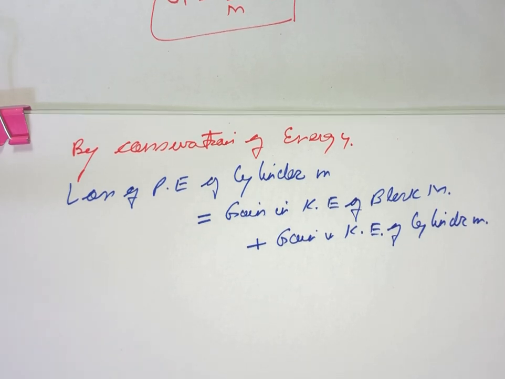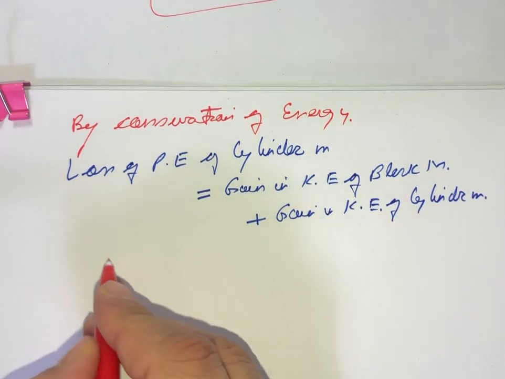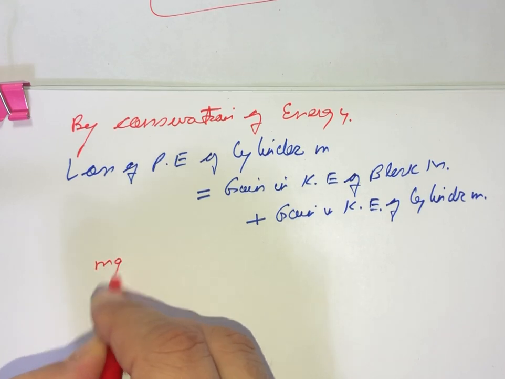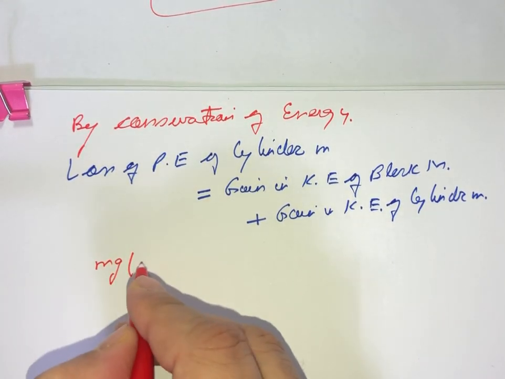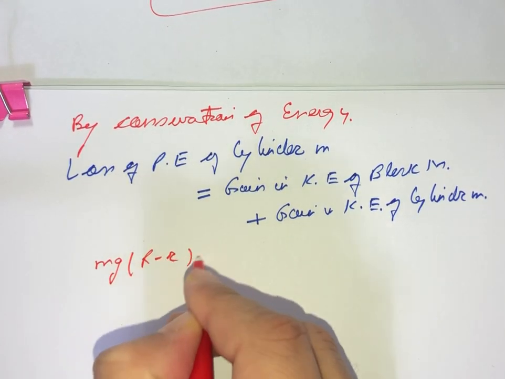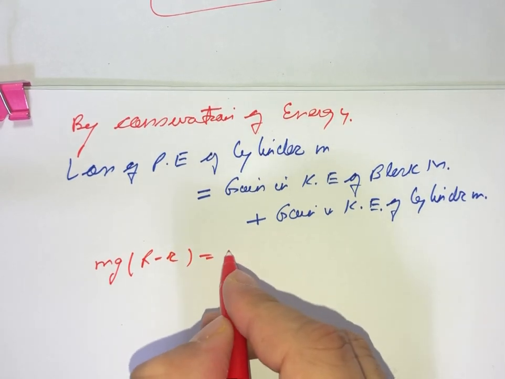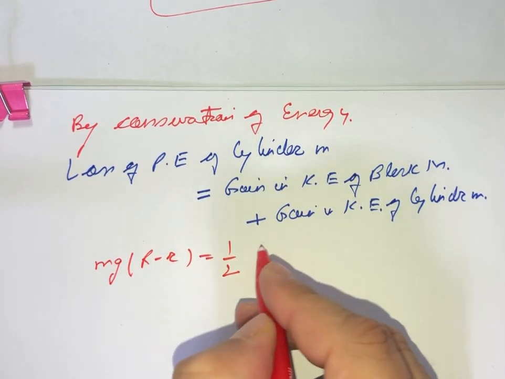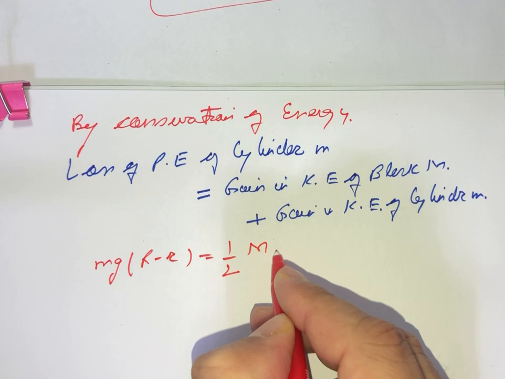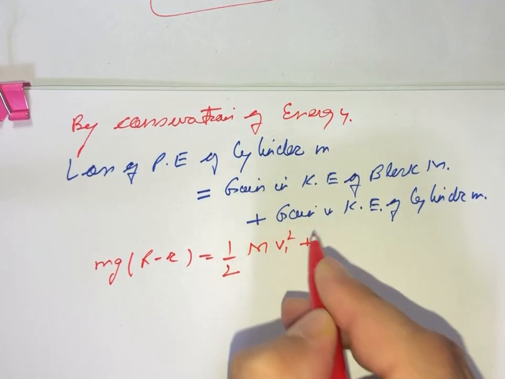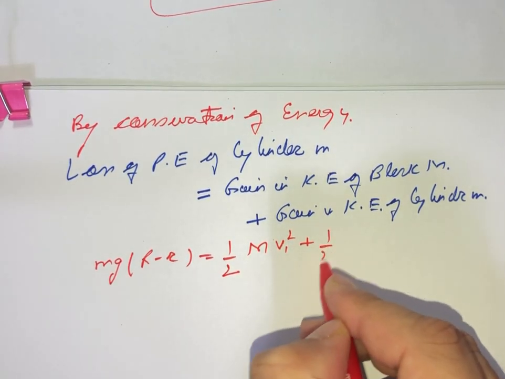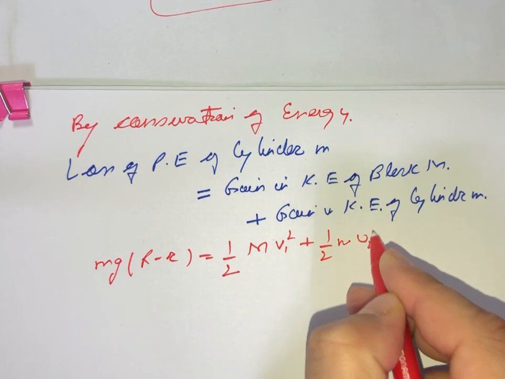So the loss in potential energy is mg times the height it falls, R minus r, which is equal to half M v1 square plus half m v2 square.